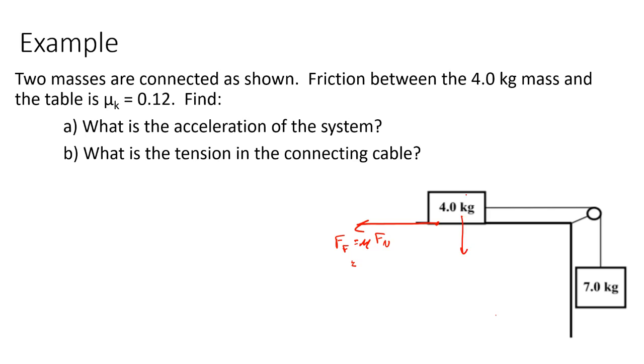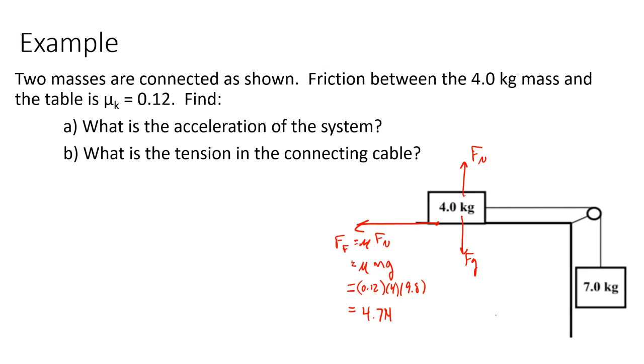Normal force in this case will be the same as gravity. So that'll be mu times gravity, or mu times mg. Okay, and if I do the plug and chug there, we get 0.12 times 4 times gravity, or we should find that our friction force is 4.7 newtons.